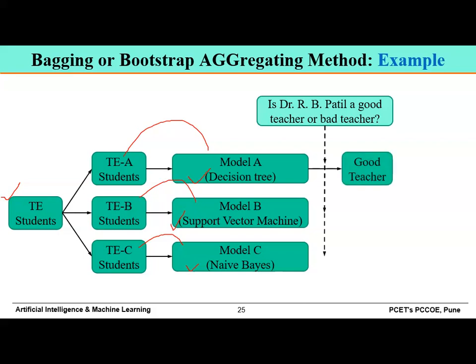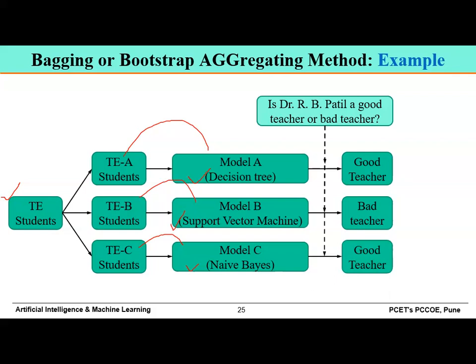Now the TA division said, "I'm a good teacher." Okay, I may not be. TB division said, "I'm not a good teacher." Yes. And the TC division said again, "I'm a good teacher."